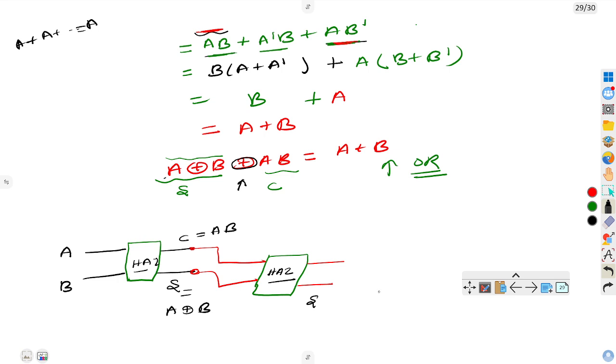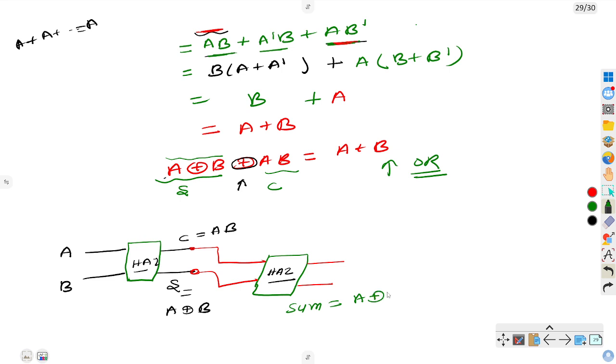Finally, I am writing Y. You can give any name, or you can write sum here, no problem. The sum will give the XOR expression. Here one input is A XOR B, and one input is AB.